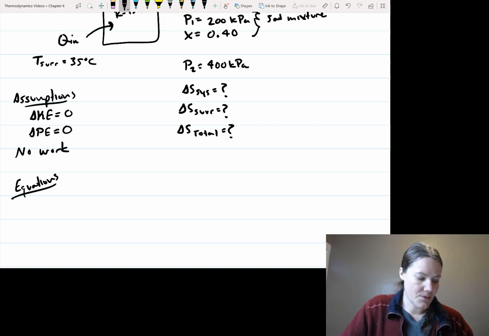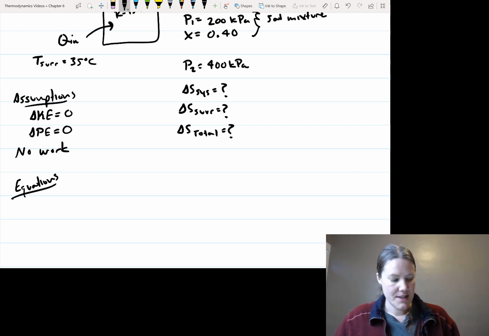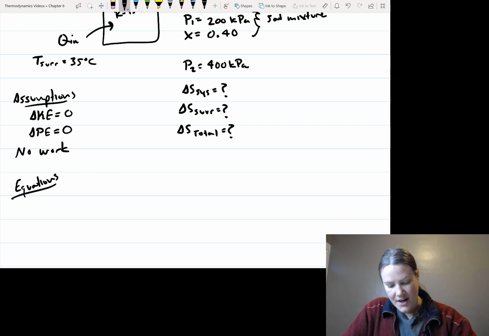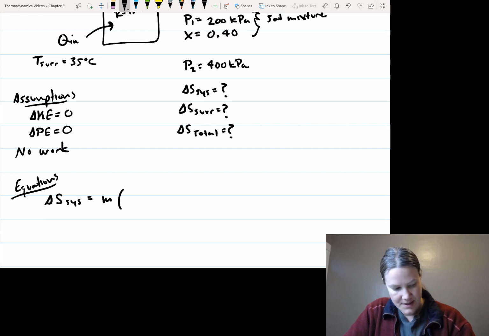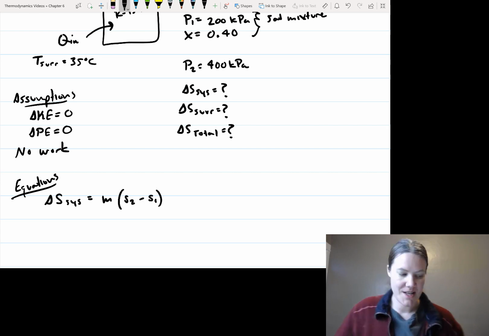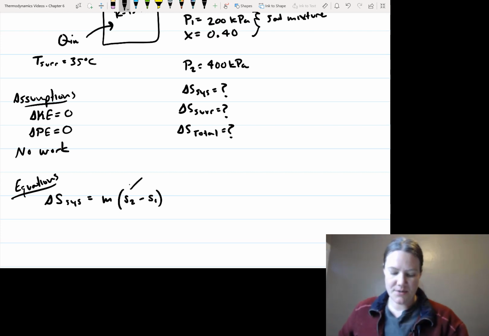First of all, we're looking for the change in entropy of the system and the change in entropy of the surroundings. And then we know that the total change in entropy is just those added together. So let's start with the change in entropy of the system. This is just equal to the mass multiplied by S2 minus S1, and we're going to get these from the table.